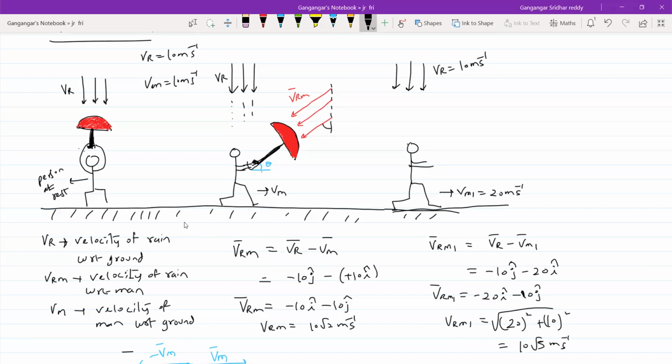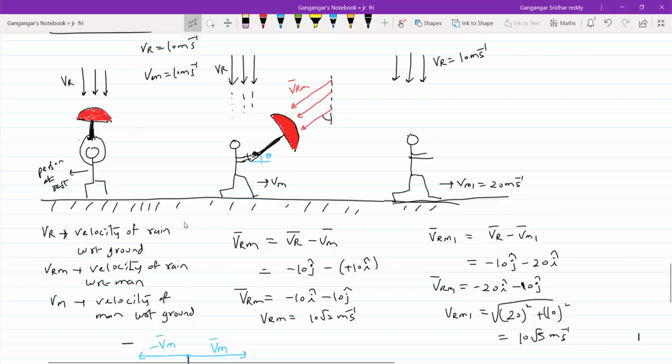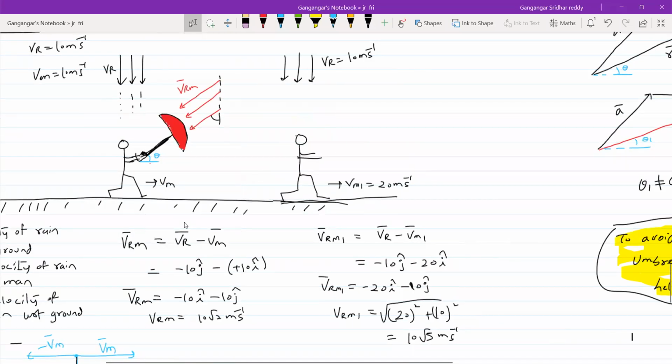Okay, let's go for the vector triangle. So what is a vector triangle? This will be VR bar. This is VM1. You see, I increase the length of the vector so the magnitude is increased.